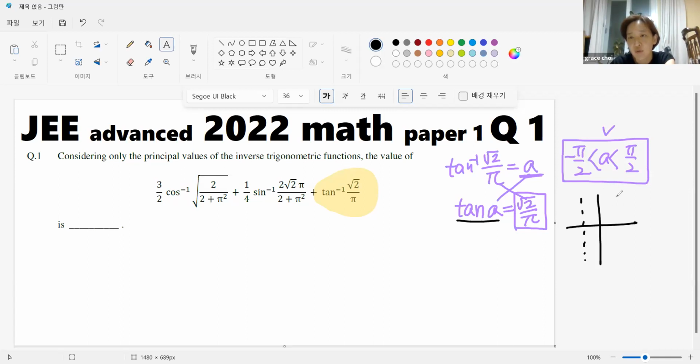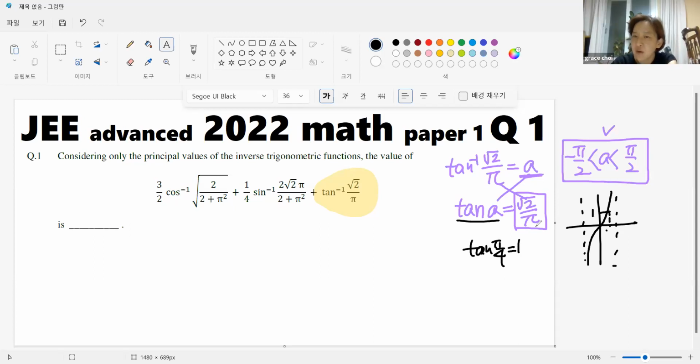Minus pi over 2, the tangent graph is like this. And then square root 2 over pi, we can compare with tangent pi over 4, because that is 1. The special angles, everybody knows that, right? So pi over 4 is here, the tangent value is 1.